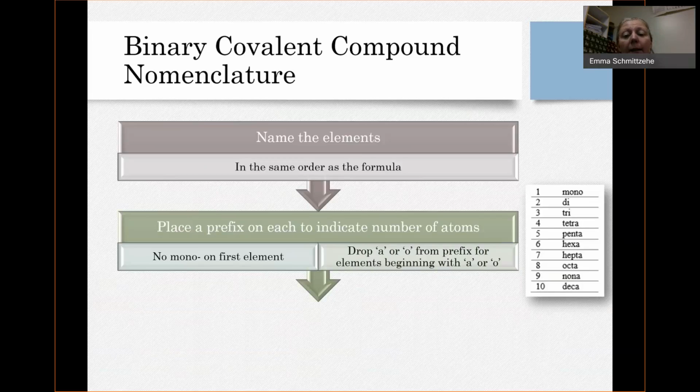You don't drop I's ever from things. But if the element name you're tacking this prefix onto starts with an A or an O, then you would drop the A or the O from the prefix. So when I say monoxide, I'm dropping the O from mono. I'm not saying monooxide. You just don't double up those letters.